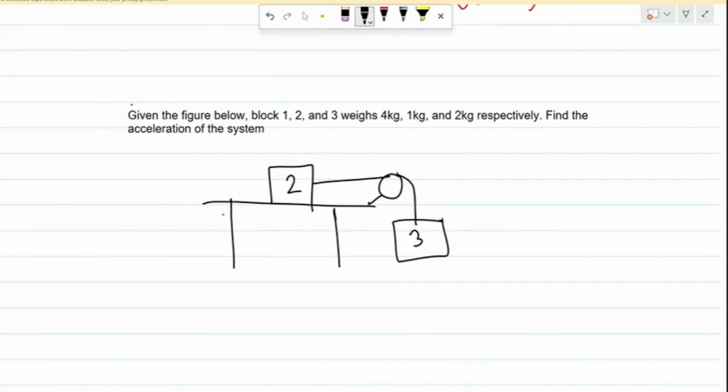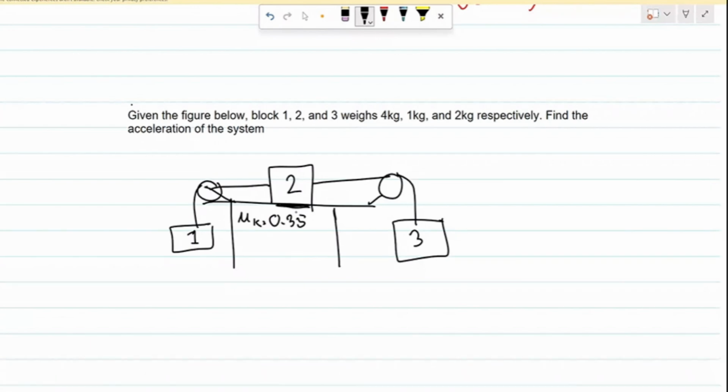On the left, we again have a string connected to a frictionless pulley, going to block number 1. The coefficient of kinetic friction between the surface of the table and block 2 is 0.35.